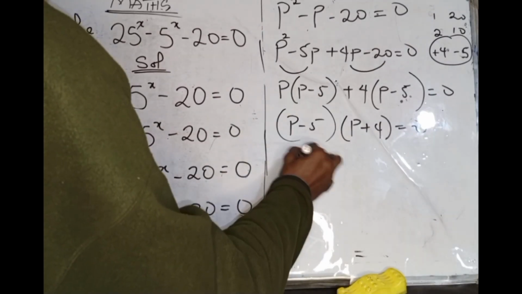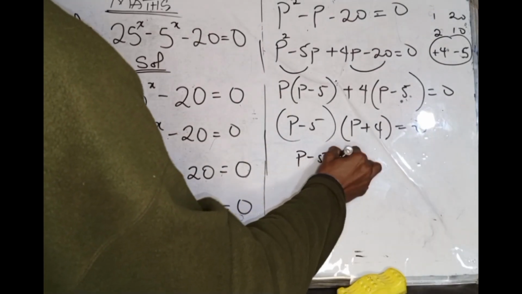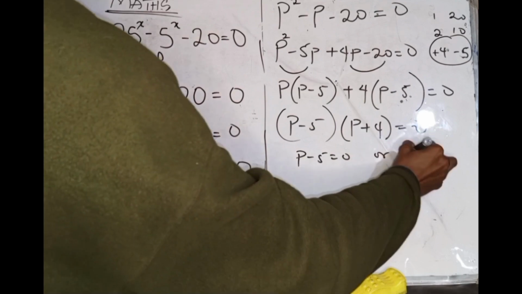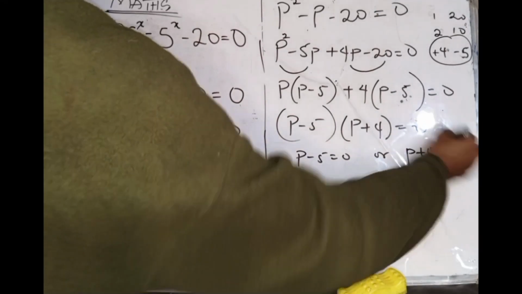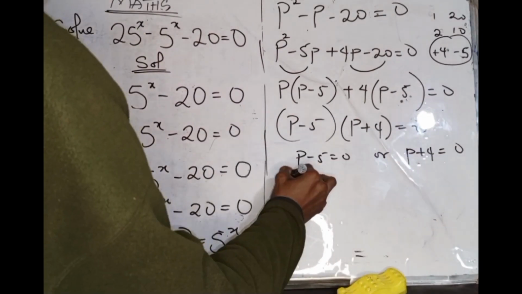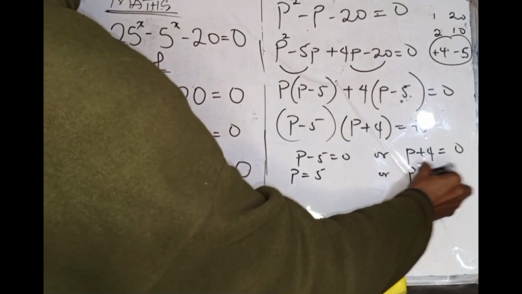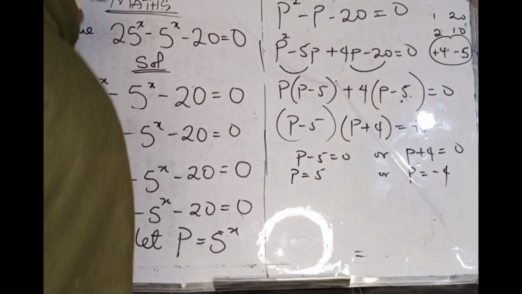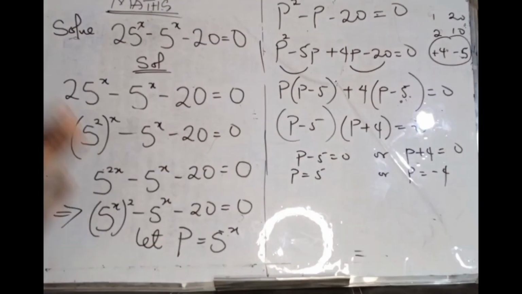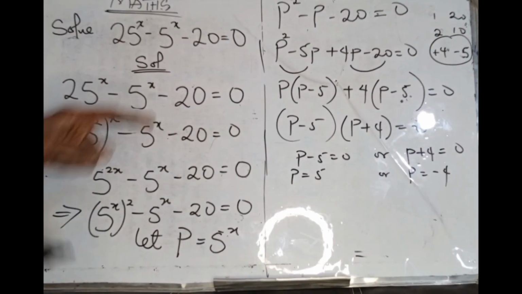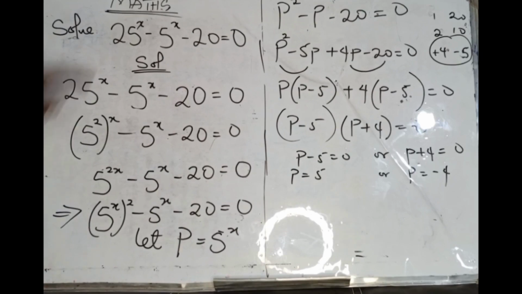So we have here p minus 5 equals 0, or p plus 4 equals 0. So I have p equals 5 here, or p equals minus 4. Now remember, we're not asked to look for the value of p. We are actually asked to obtain the value of x from the given question.